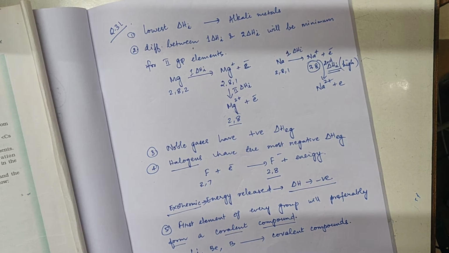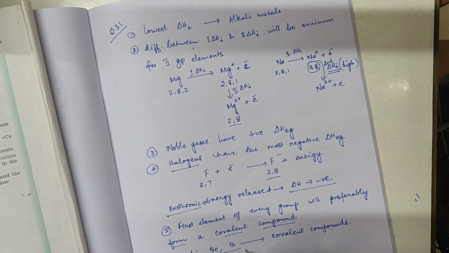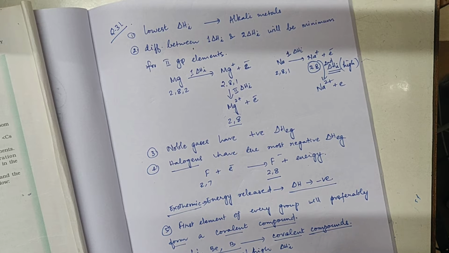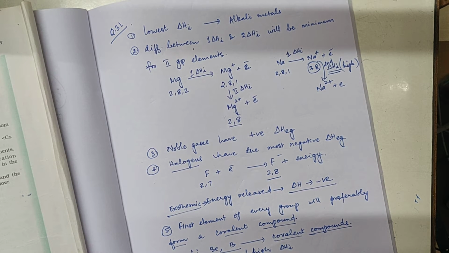Okay, because they are having the smallest size and high ionization enthalpy. So they will preferably form covalent compounds. Supposing if you consider Li, and if it is reacting with say any halogen, say X, then it will form LiX. X may be here either fluorine or chlorine or bromine or iodine.